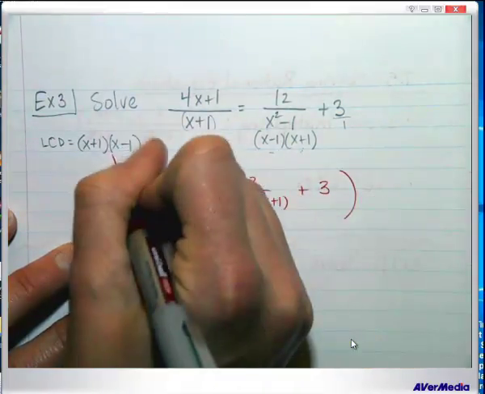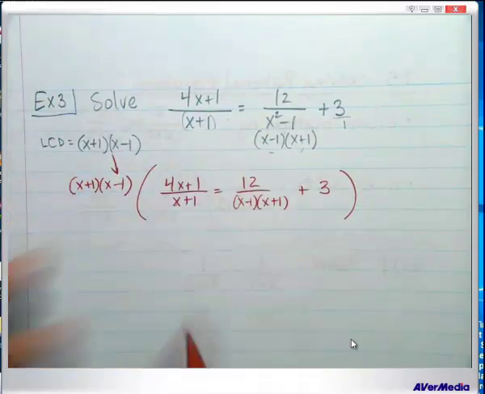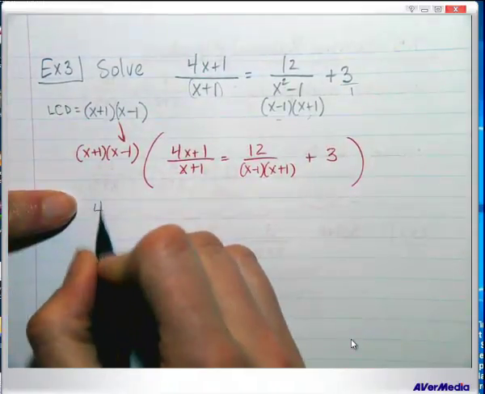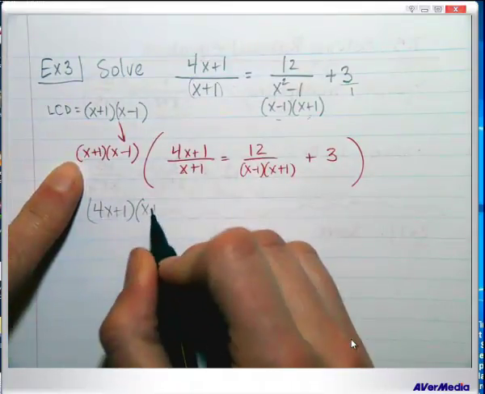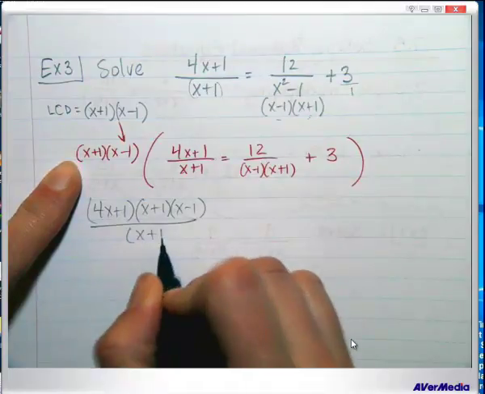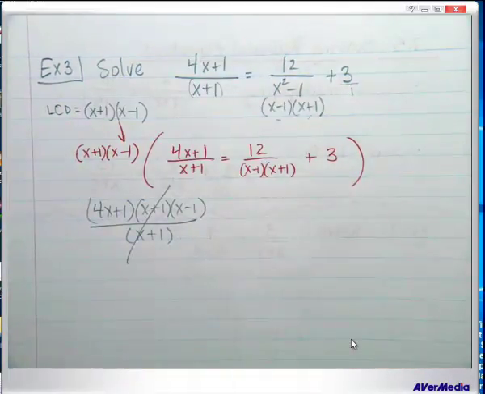I'm going to multiply by this least common denominator. What's going to happen first is the 4x plus 1 gets multiplied by x plus 1 times x minus 1. But the x plus 1 on the bottom is going to cancel out with this one.